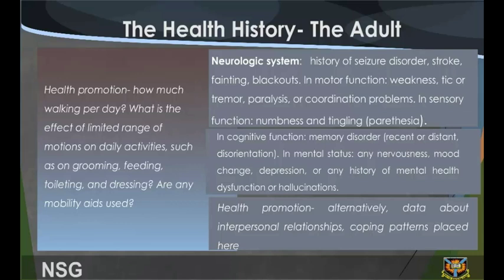In cognitive function: memory disorder, recent or distant disorientation. In mental status: any nervousness, mood change, depression, or any history of mental health dysfunction or hallucinations. Health promotion. Alternatively, data about interpersonal relationships and coping patterns may be placed here.